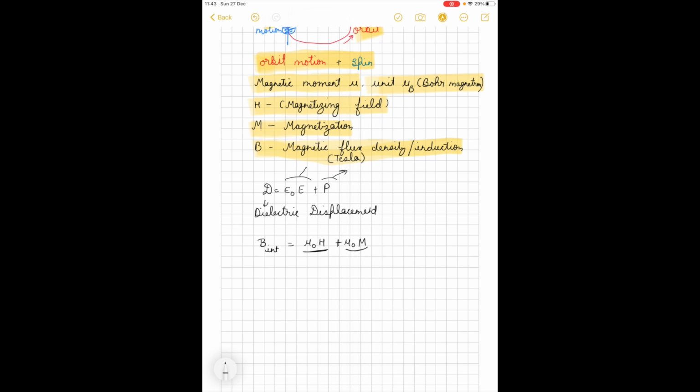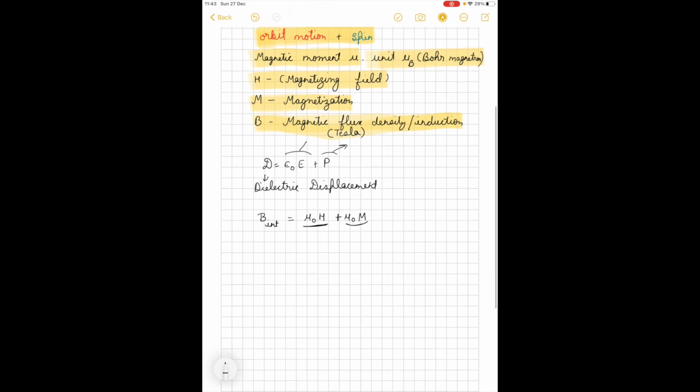What do I mean by internal contribution? It means that because of the external magnetic field, we have the magnetization which gets generated in the magnetic material. So that's why it's the sum of these two.